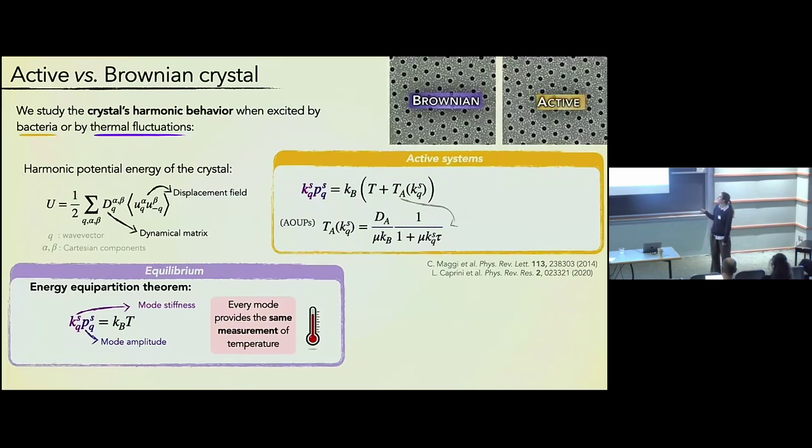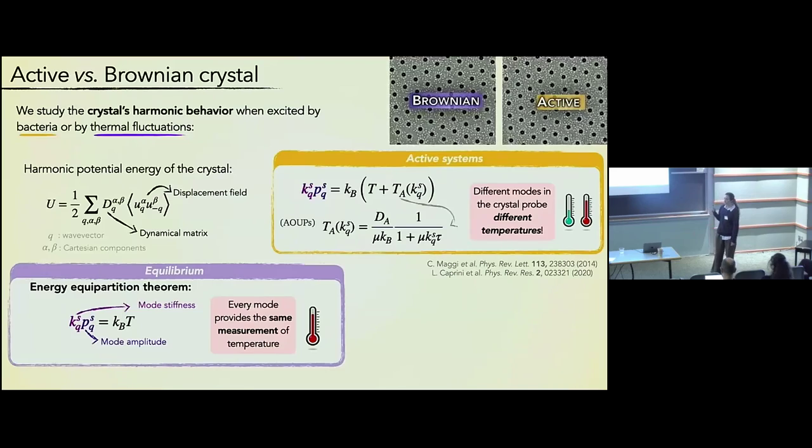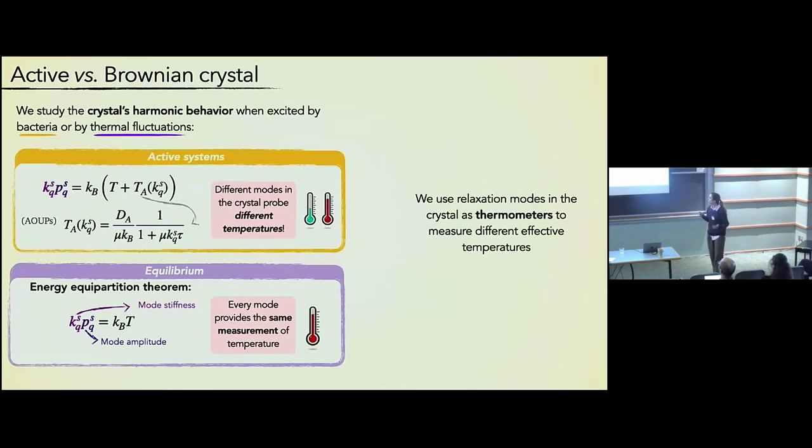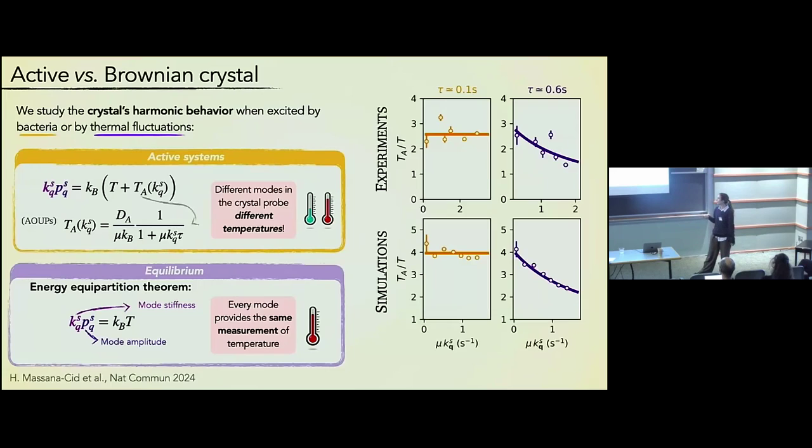So it depends on K in this case, and also on the parameter. So if this were true, different modes in the system would provide different temperatures. It's not like in equilibrium, where you get the same measurement of the temperature. So we use these relaxation modes as a type of thermometers, if you want, to measure these different effective temperatures.